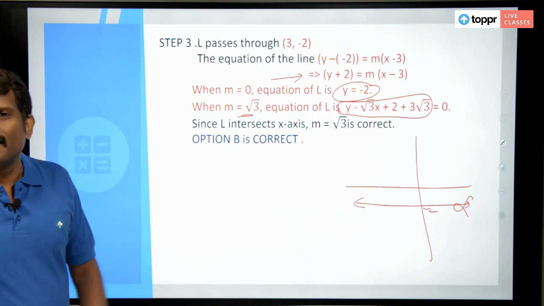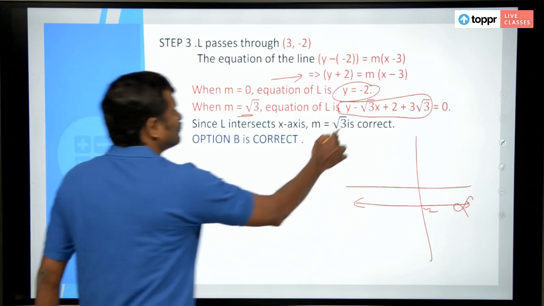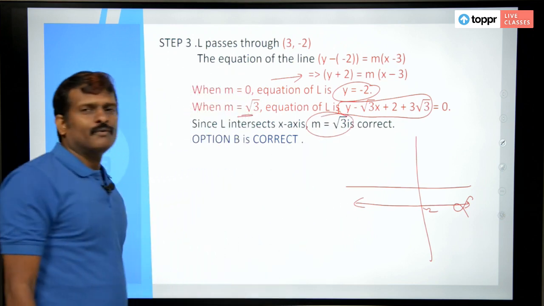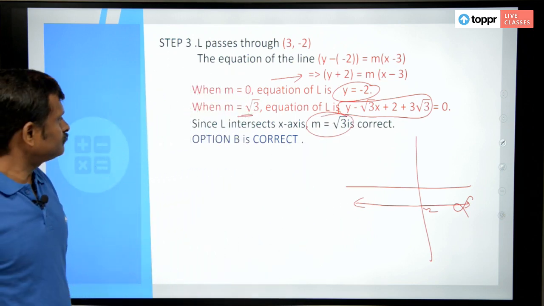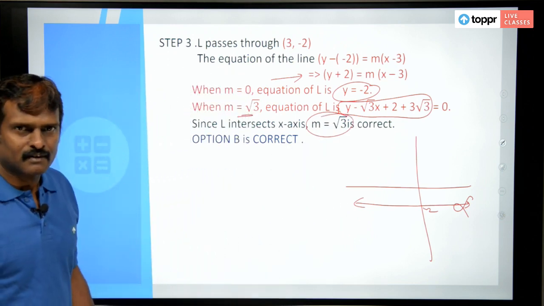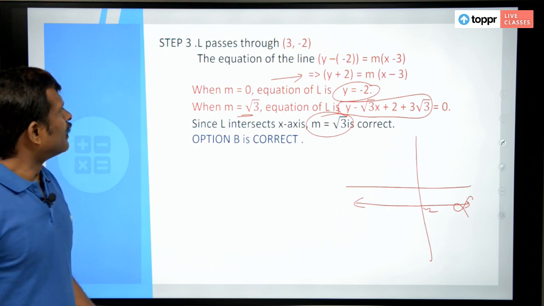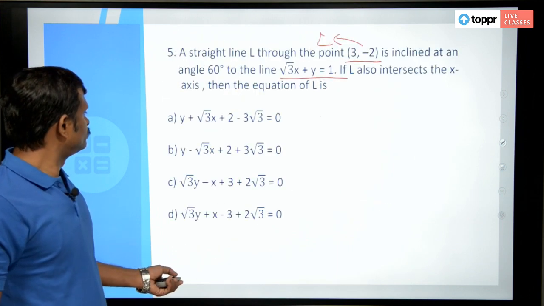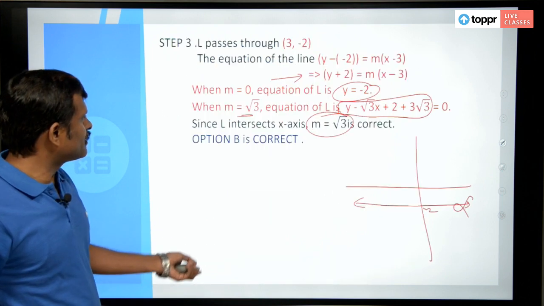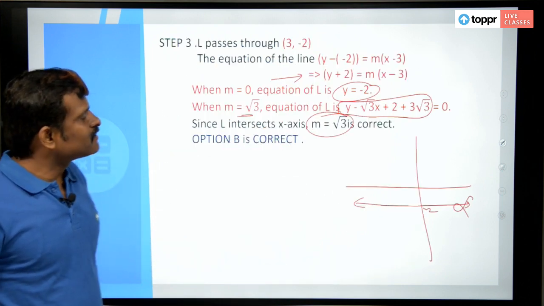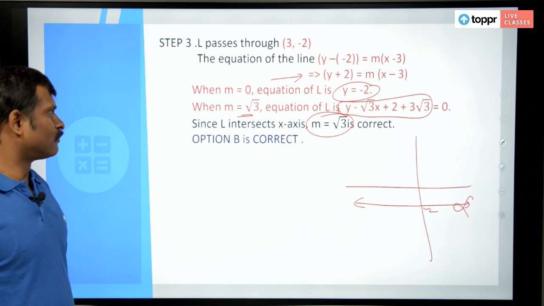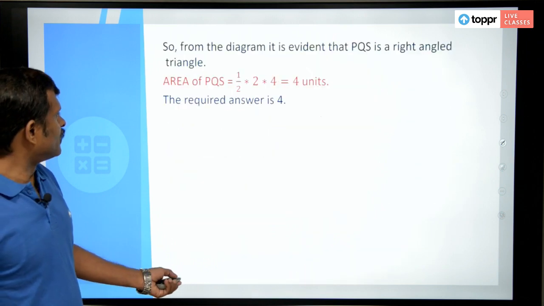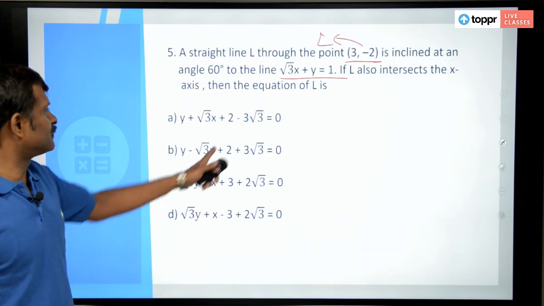So, that is not the right answer. So, the only possible thing is m is equal to root 3, that is the correct answer, right guys. So, the equation here is y minus root 3 x plus 2 plus 3 root 3. So, that should be the answer here.